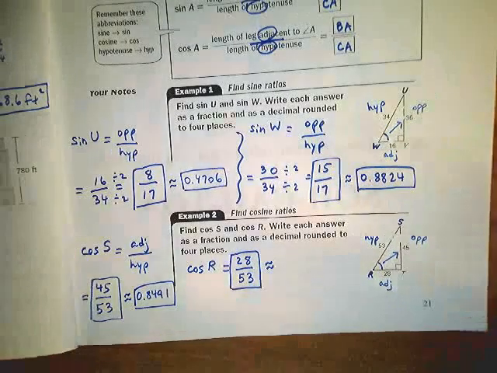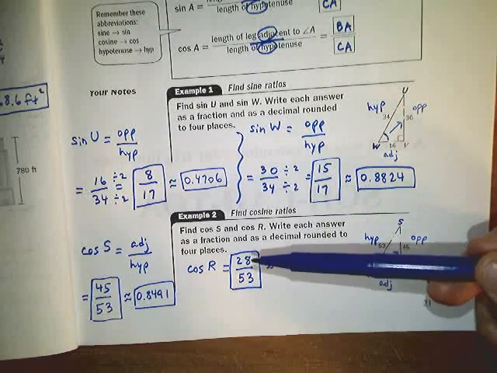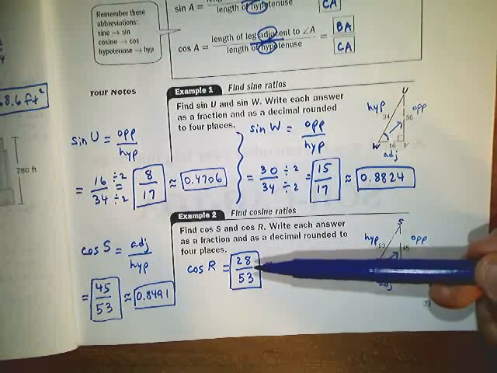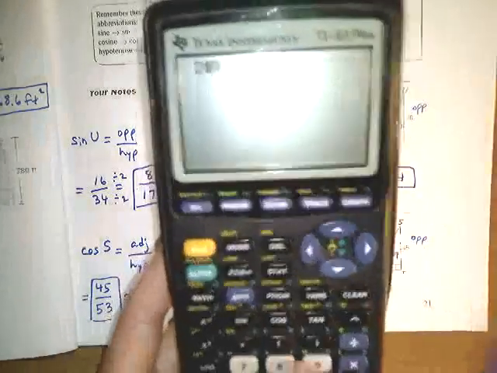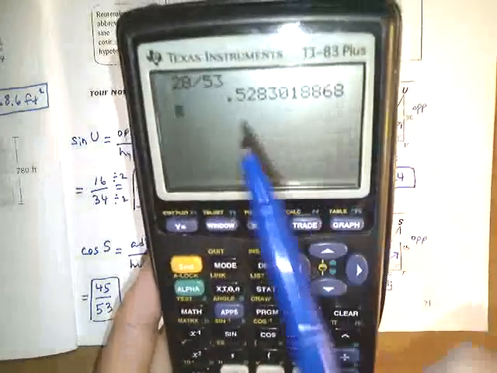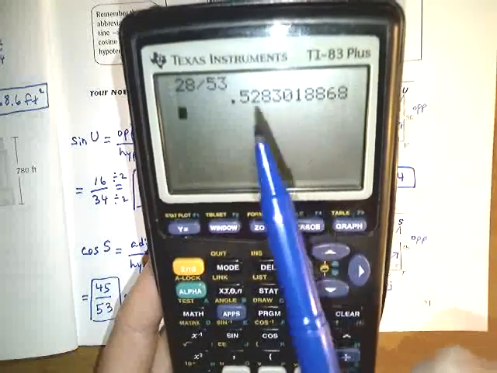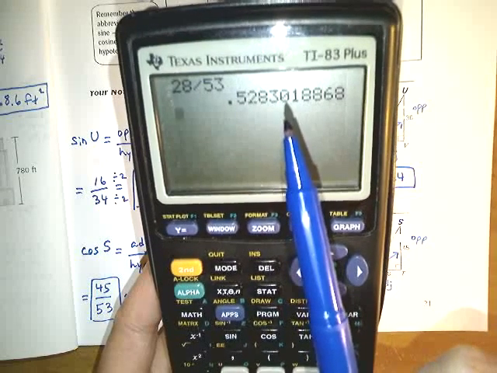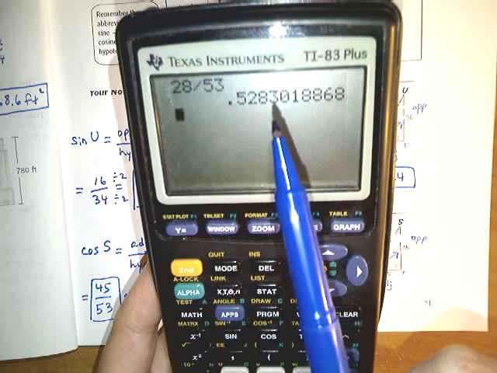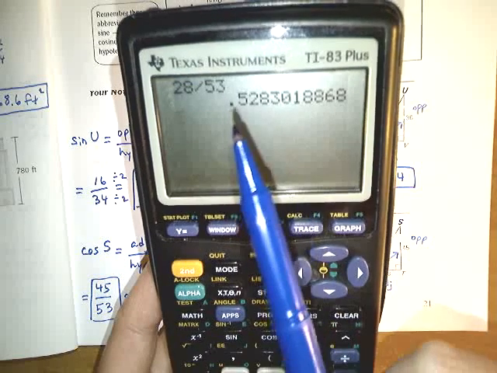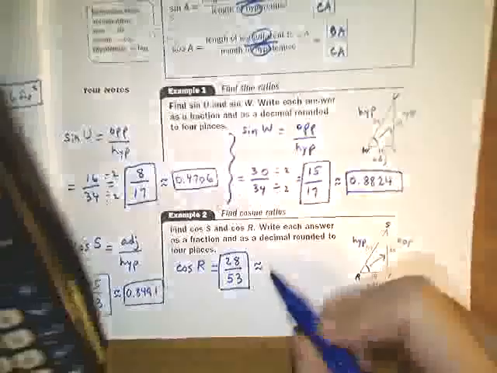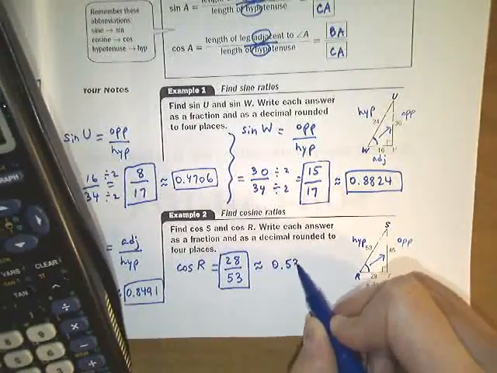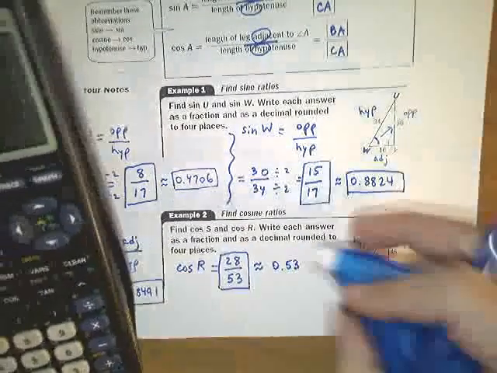As a decimal, all we have to do is take our calculator and do 28 divided by 53. And we get this. Rounding to 4 places, we're going to round to this position. Since this is smaller than 5, since this is 0 through 4, we're just going to keep this exactly as it is. So 0.5283 is our decimal approximation.